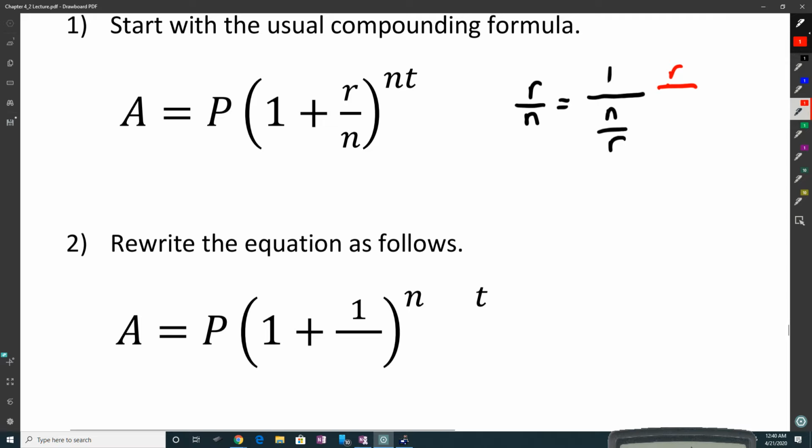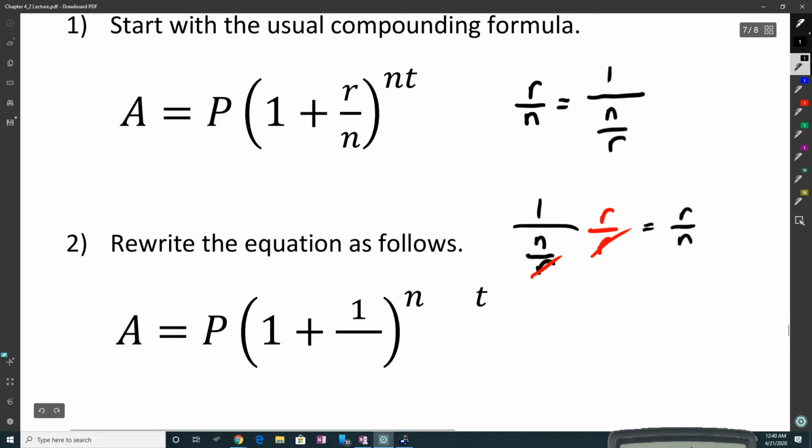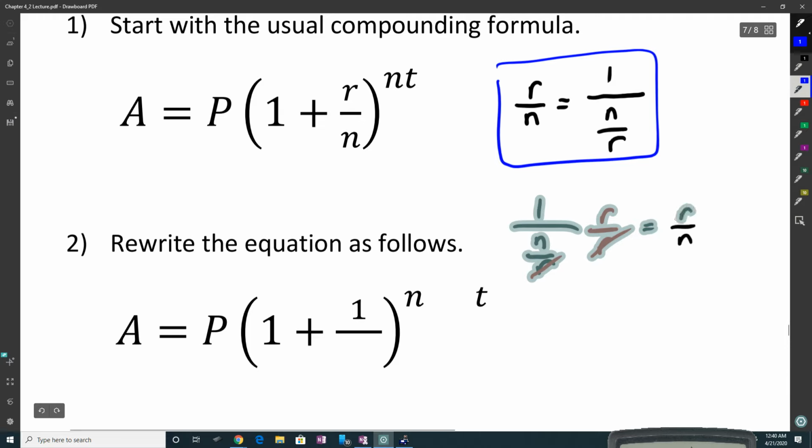Well, let me prove it to you. I'm going to start out with this guy. I'm going to multiply by r on the top and bottom. The r's cancel, and you're left with r over n. So these 2 things are the same. And I'm going to use that for this next equation.